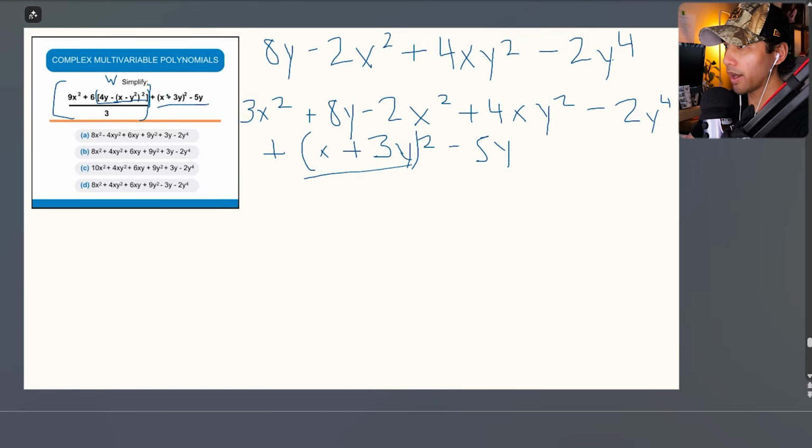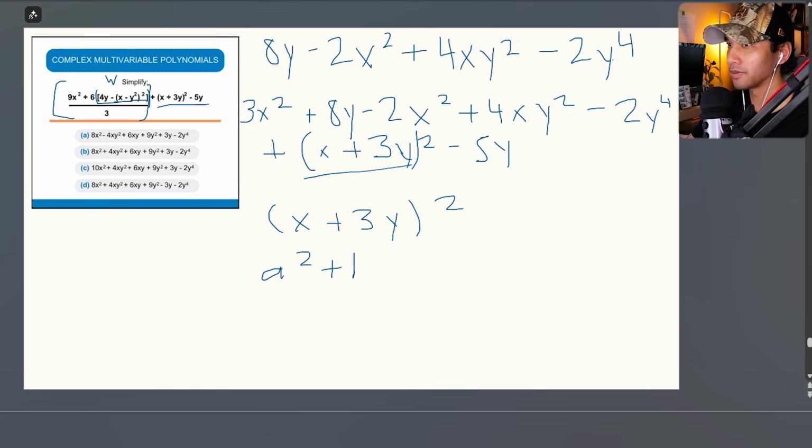Now we have to square this. X plus 3y squared. And remember how to do the squaring a binomial, right? The formula, come on, you guys know it. A squared plus, oops, I don't even know it. Just kidding.